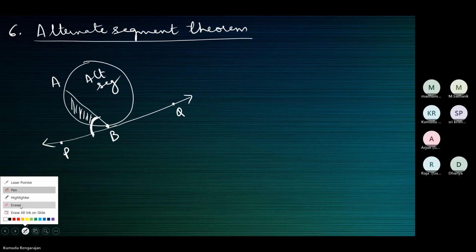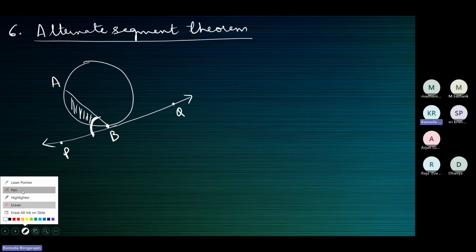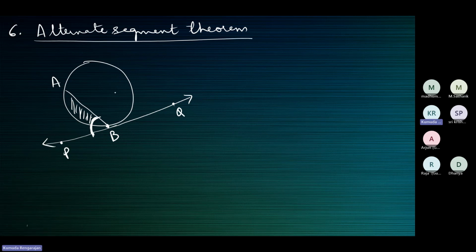Now we'll see the angle subtended by this chord in the alternate segment. So take any point on the circumference of the circle in the alternate segment, anywhere. Only this part is the circumference of the alternate segment. Take a point anywhere on this part.